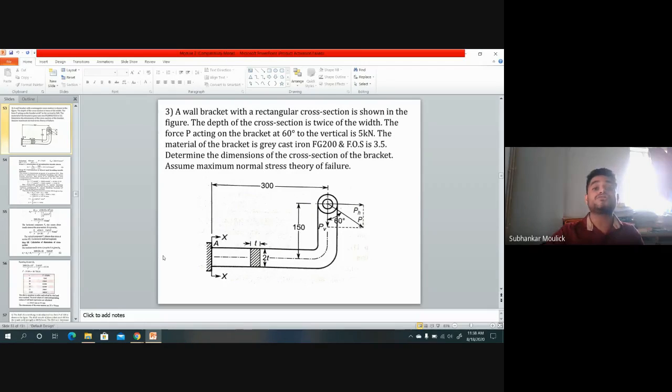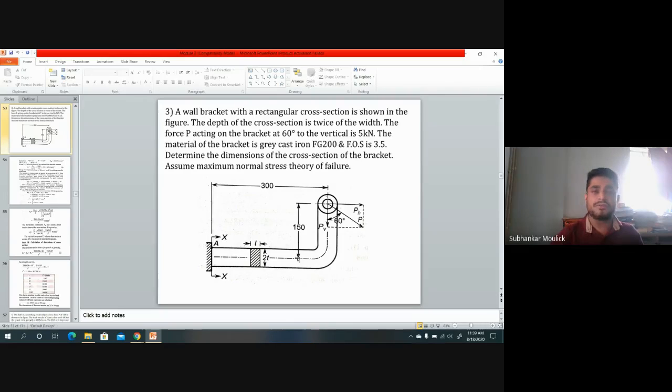So the overall stress generated in the problem is how much? One is the tensile stress sigma t due to horizontal force PH, and another one is the bending stress generated due to moment. Which moment? PV into 300 plus PH into 150. With that you will get one bending stress. So the overall stress of the problem is what? Sigma B plus sigma T.